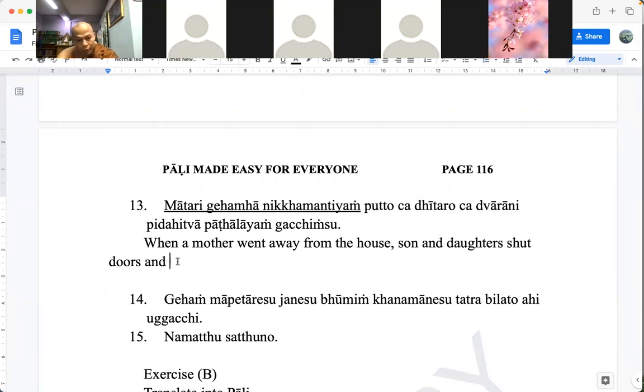Shut doors and went to school. Okay, in this way. So Madari Gehama Nekamanti Yam Bodoja Didaroja Dwarani Vidahate Dawa. So Batalayan. So Batalayan got changed. So when a mother went away from the house, so son and daughters shut doors and went to school.